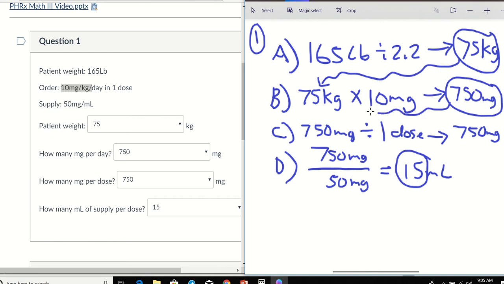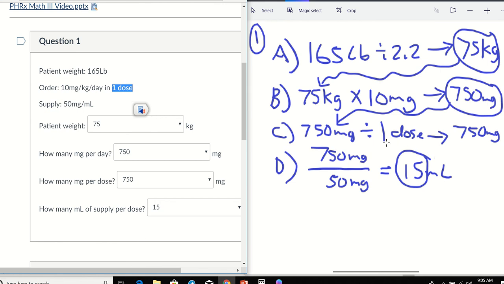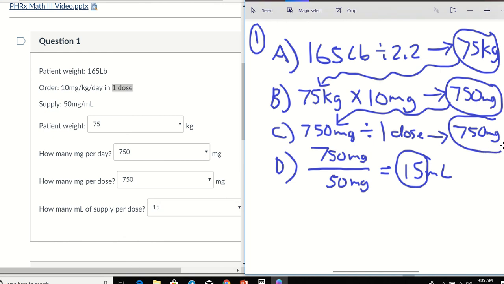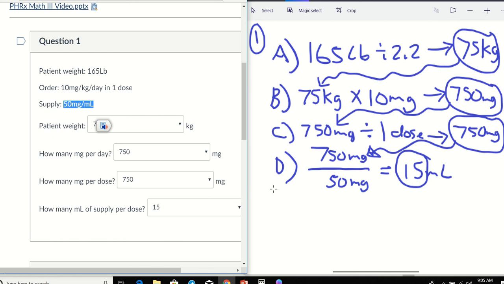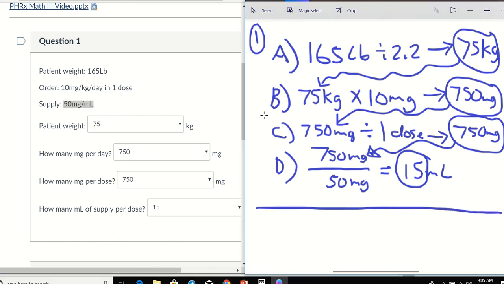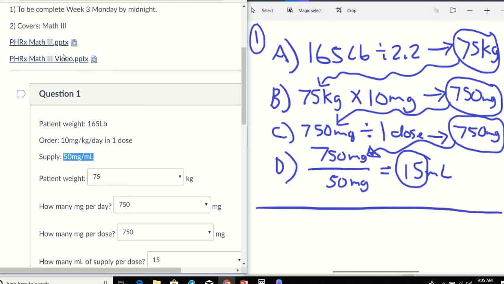So that's going to be our starting point for step C. In this example, it's only 1 dose per day, so you divide by the number of doses. We arrived at 750 milligrams per dose. So step C will give you your per dose amount, which is your order. You take your order, divide it by your supply. In this case, the supply is 50 milligrams. So above here is the video. So just download it and play the slideshow.